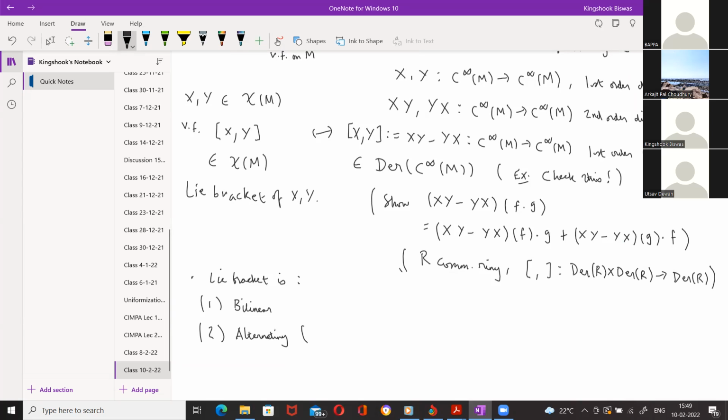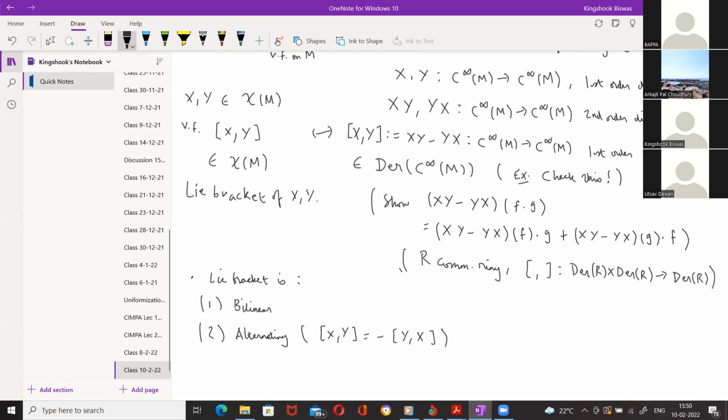That's immediate from the definition. The bracket [X,Y] is minus the bracket [Y,X]. This is clear, right? You just look at what the derivation is. Yeah, this is alternating, skew symmetric. Is that clear?